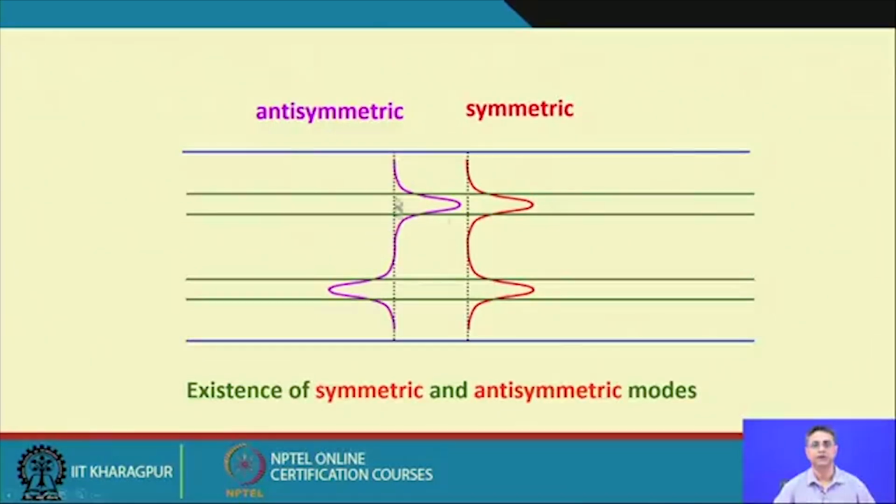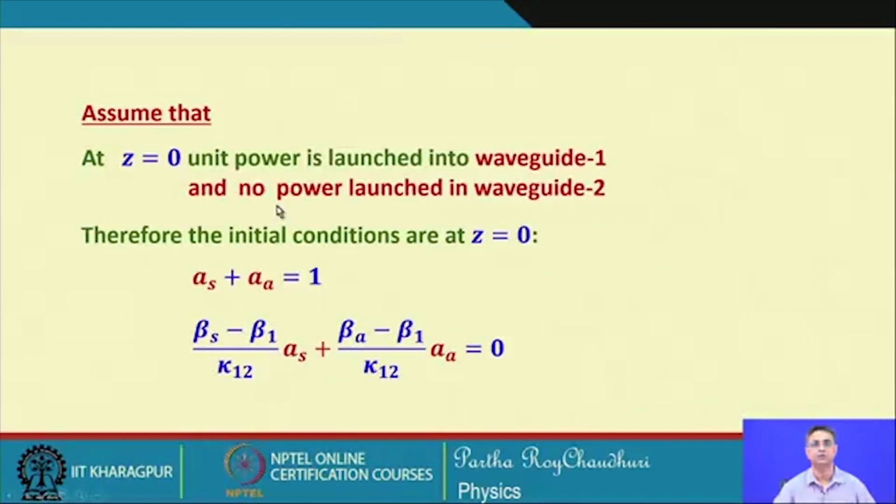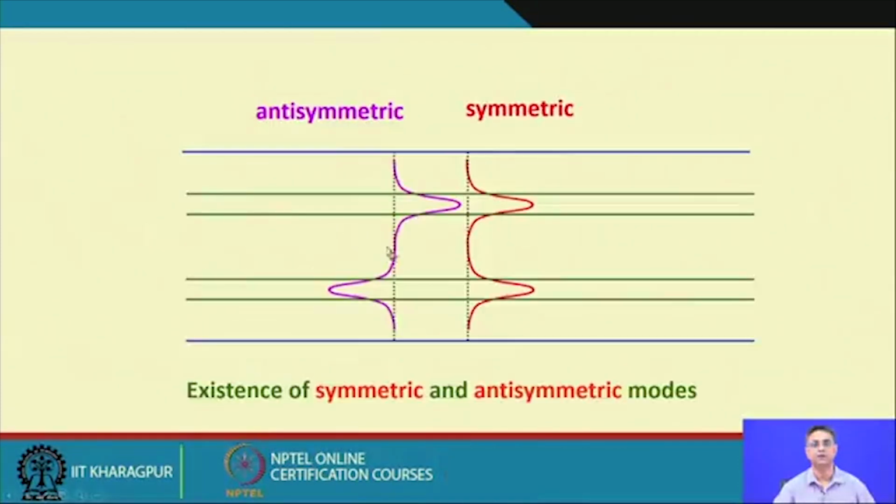And we can put the boundary condition that at z equal to 0, if we launch unit power into one of the waveguides, then these two amplitudes will be added up, because the phase difference is 0 at z equal to 0.